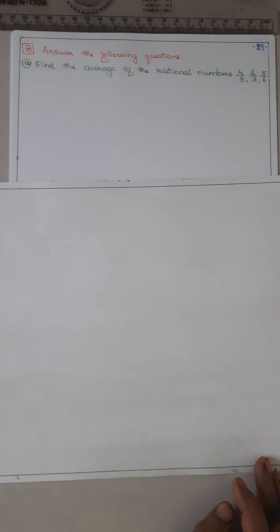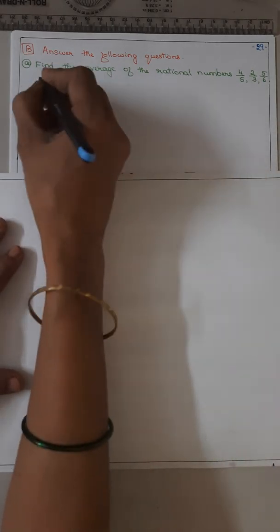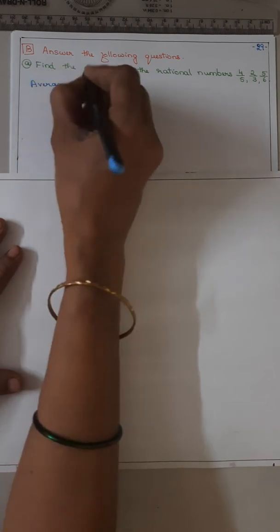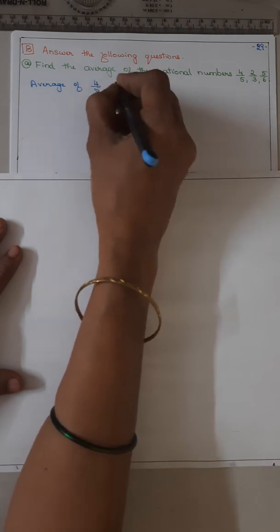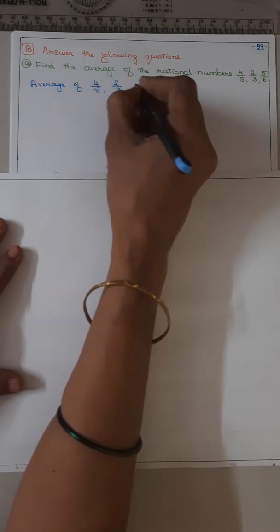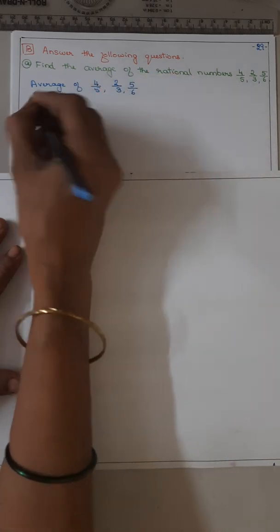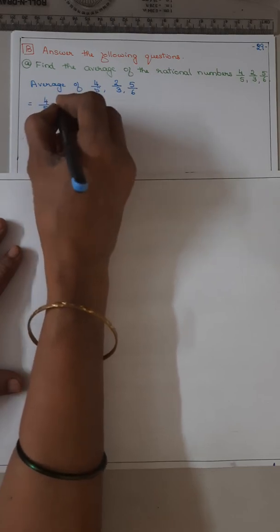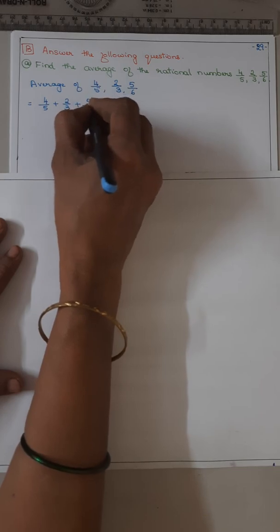So first write the average of 4 by 5, 2 by 3 and 5 by 6 is equal to 4 by 5 plus 2 by 3 plus 5 by 6.